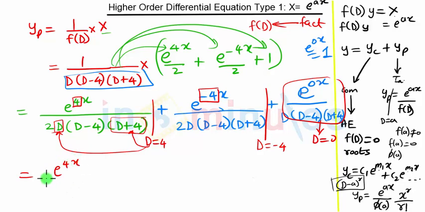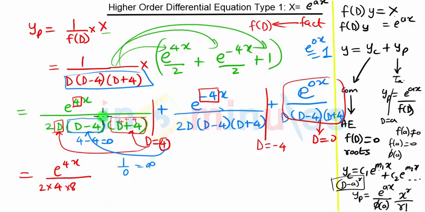So e raised to 4x upon, here instead of this D I am writing 4, and instead of this D we will get 4 plus 4 which is 8. And when I substitute this 4 here, it will be 4 minus 4 which is equal to 0, and this part will become 1 upon 0 which is infinity. This D minus 4 is creating a problem.